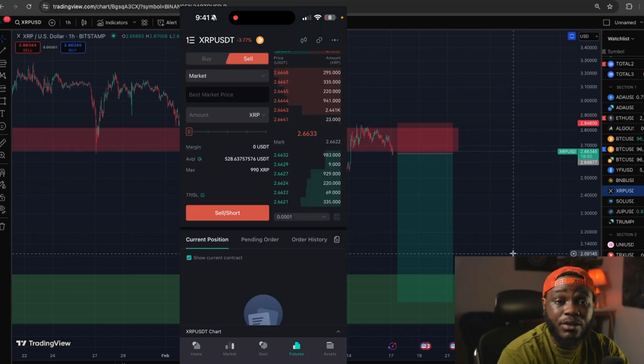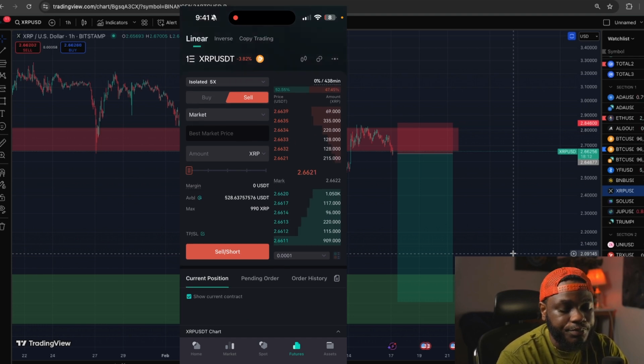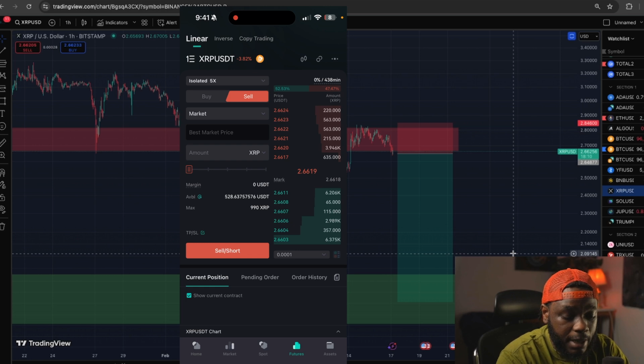So basically, market order allows you to execute a trade immediately, while with limit order you can set your order to a particular price, and then the trade is going to trigger when price gets to that price that you already set. So let's say you want to take the trade on when XRP gets to $3, right? The trade is only going to trigger when XRP gets to $3 if you are using limit order, right? So now that that's been said, market order is what I like to do.